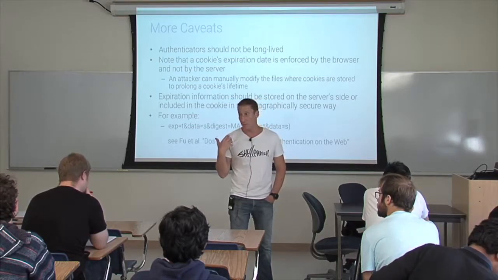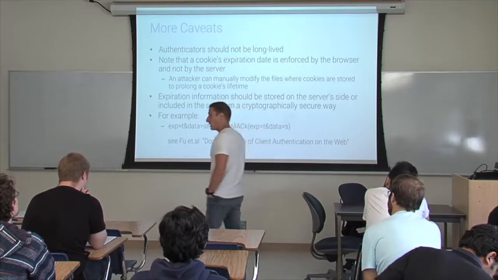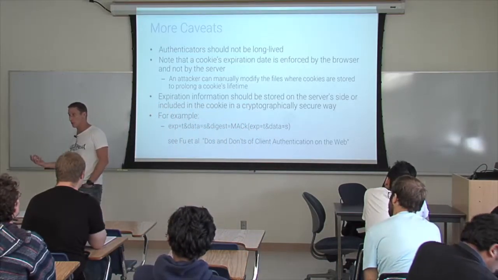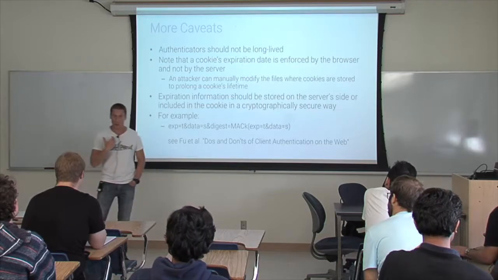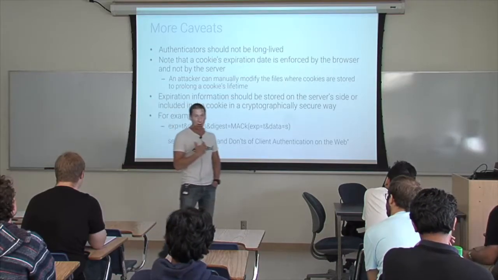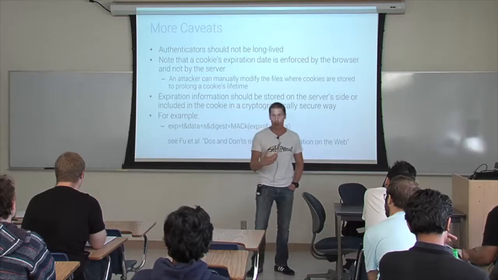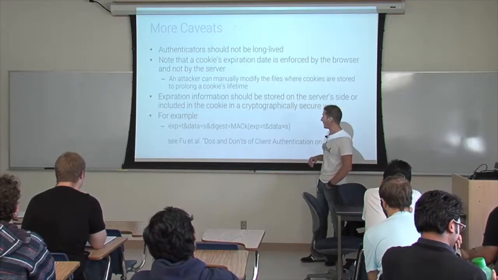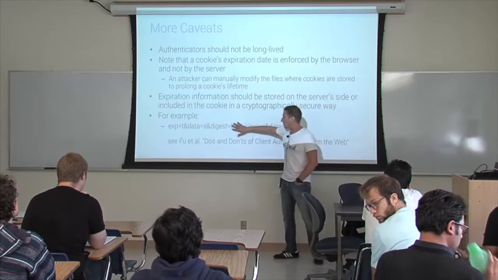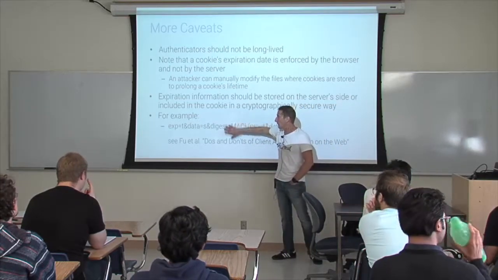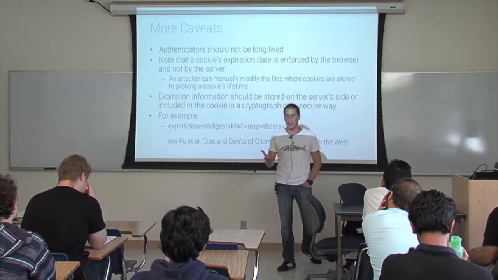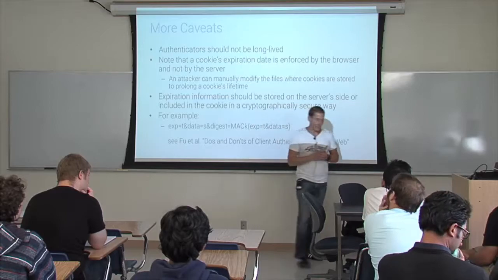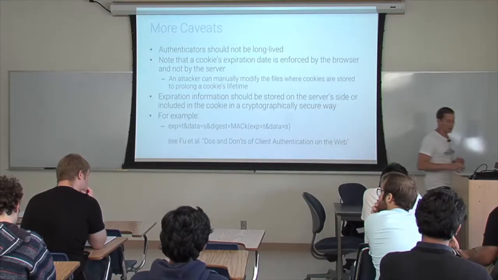But if you have a malicious guy and you stole the cookie, you cannot rely on the browser stopping to use that cookie. You have to keep on the server side meta information about that cookie, that session, the expiration, and act accordingly. That's very important. And of course, the expiration date should be part of the creation of the cookie itself, so it cannot really be separated from the session itself.